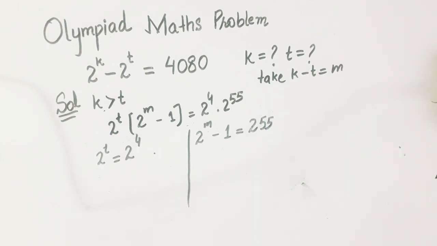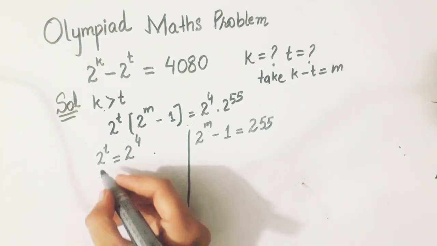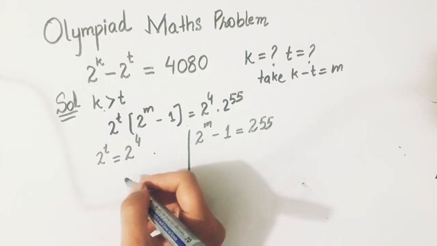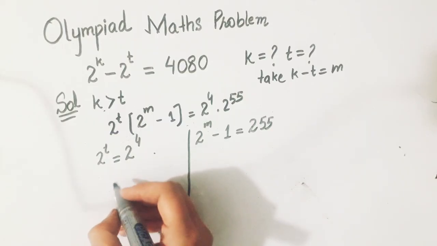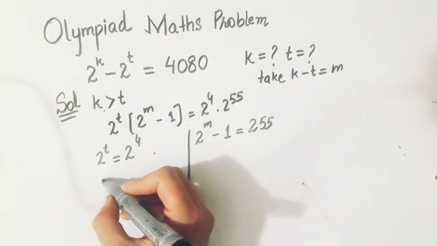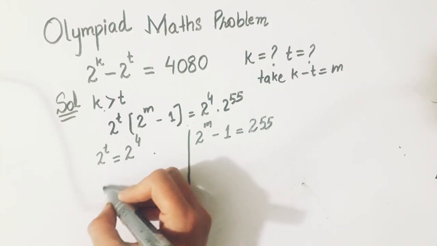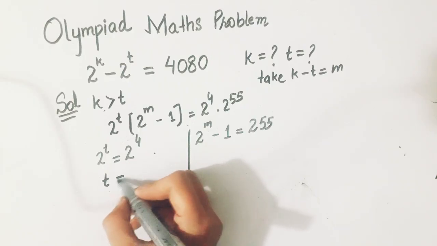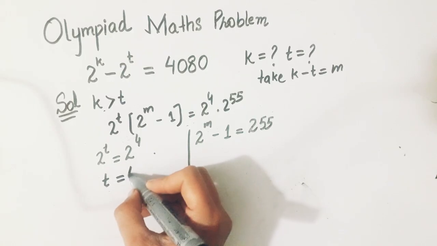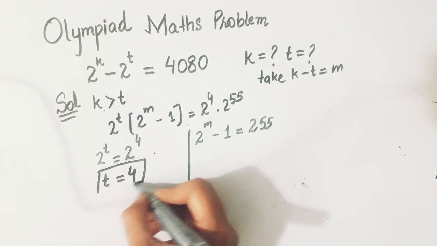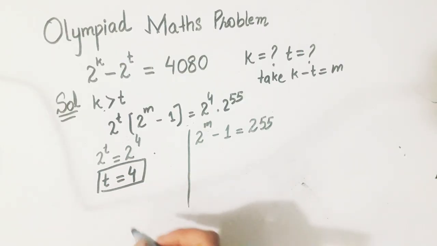Now how will we solve this further? Here the bases are same. When the bases are same, that means the powers are also same. So we get 2 raised to power t equals 2 raised to power 4. So t equals 4. We have to find the value of t, that is t equals 4.